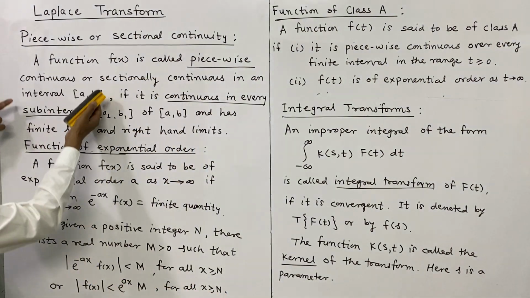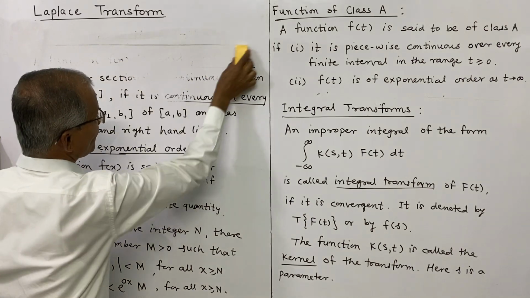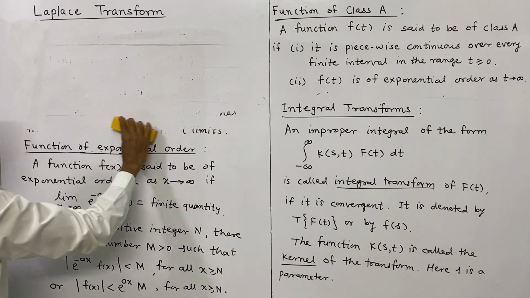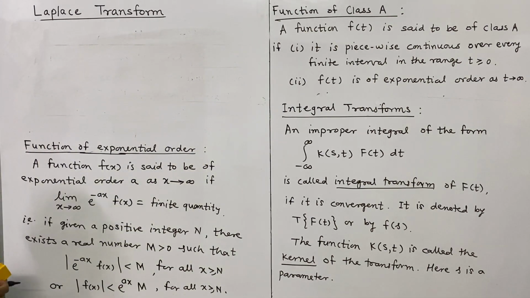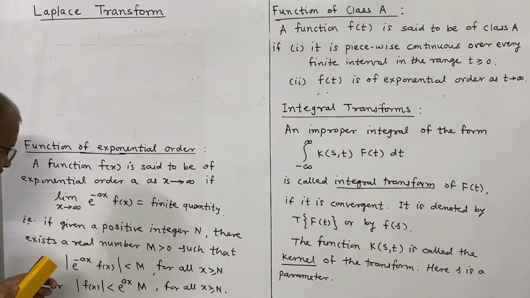Now piecewise continuity we have seen, so I shall rub this part. And function of exponential order we will see. The same thing can be written like this using the definition of limit.